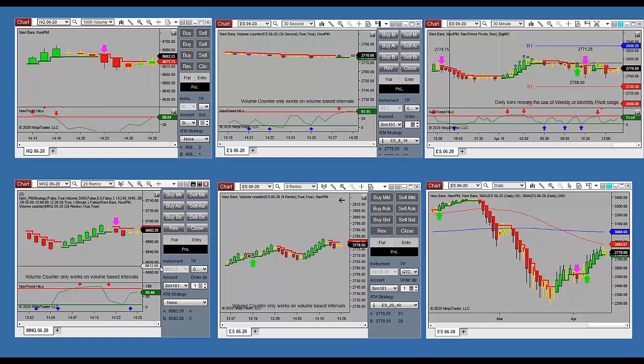As I said before, a big key to your trading is really your risk management. You can see on the MNQ, we've got a buy signal, so you definitely want to be out of any short positions.